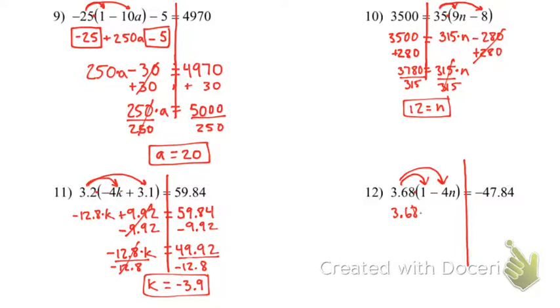That's going to give me negative 14.72 times n. Okay, and then we check, can I combine these terms? And the answer is no, they are not like terms. This guy has an n. So I'm going to bring this guy down because he's already cleaned up. Step 1 and 2 won't work for him. So it's negative 47.84.